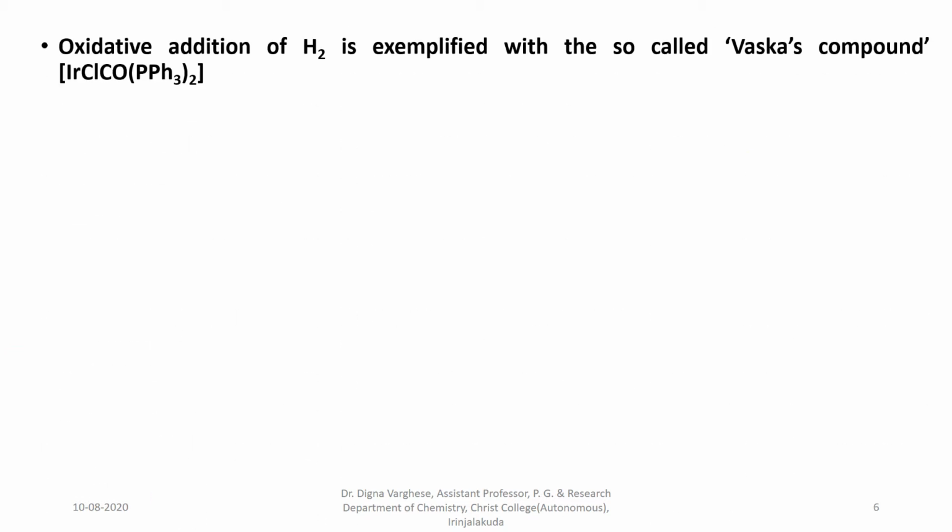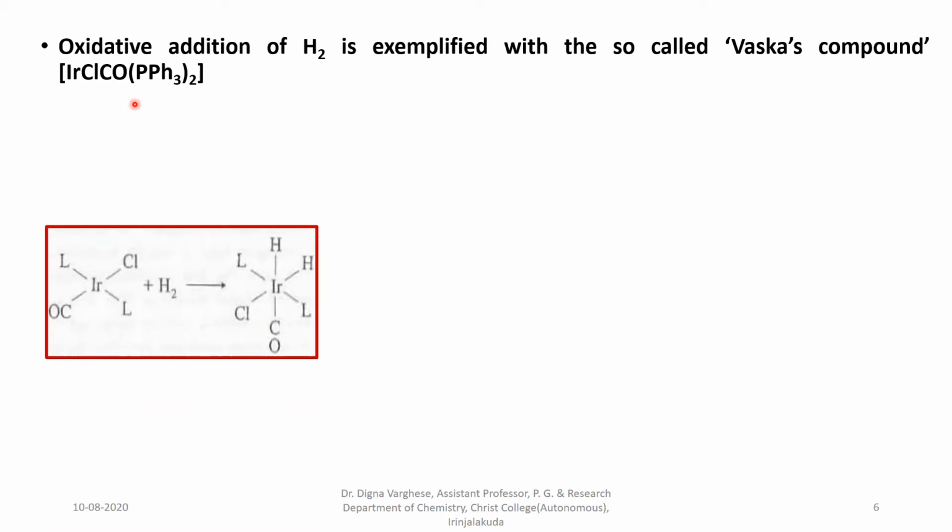Oxidative addition of hydrogen is exemplified with the so-called Vaska's compound, which has the general formula IrCl(CO)(PPh3)2. This is Vaska's compound. It is an iridium based complex, and this compound reacts with hydrogen, forming an oxidative addition of hydrogen.